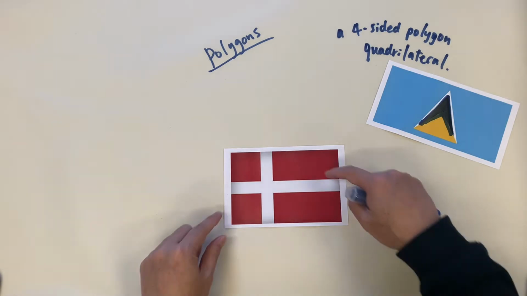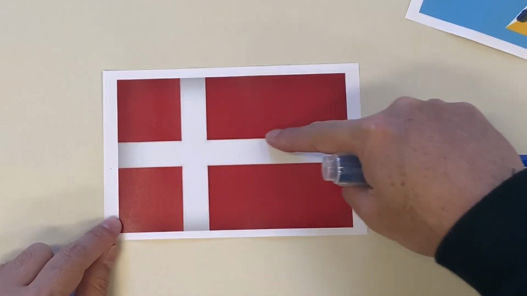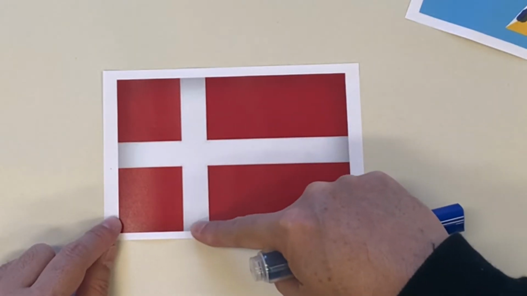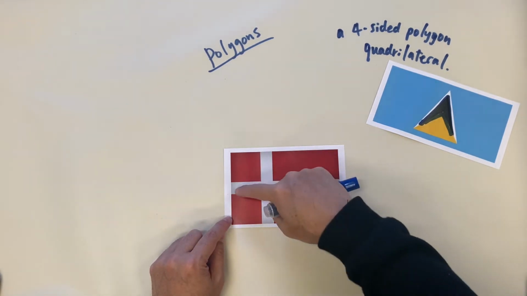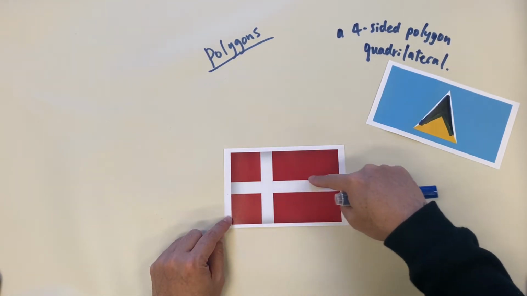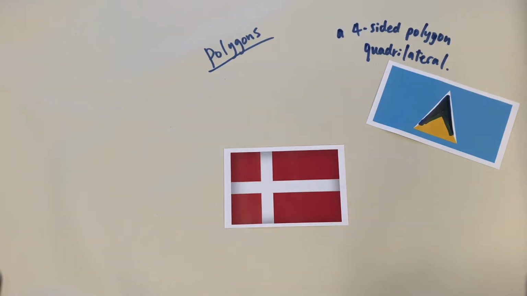Now, then I realized there is a little shape here. This is like a white cross in the middle. Now, is this a polygon? Well, if it's a polygon, how many sides are there? I'm going to pause the video, you can count.